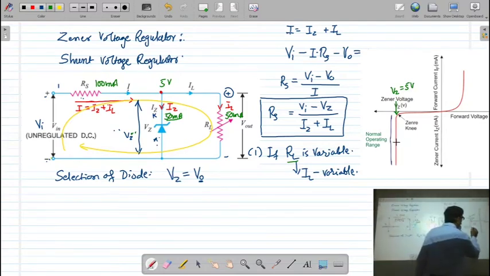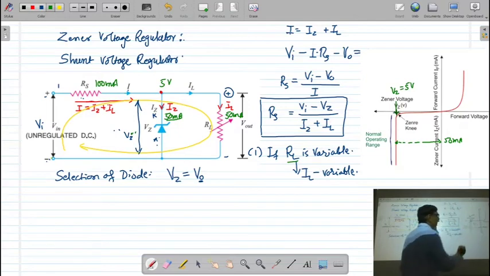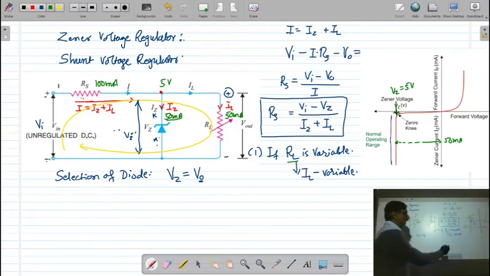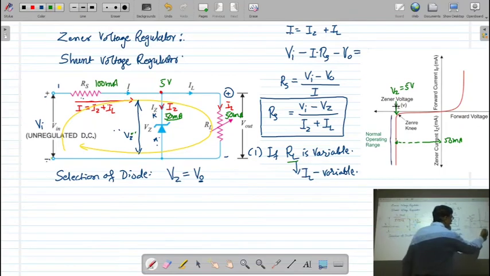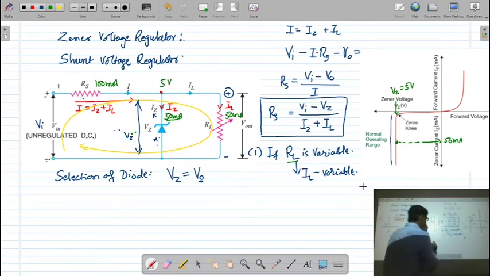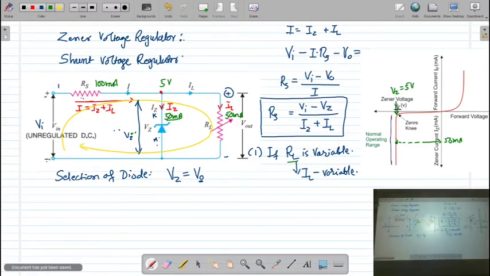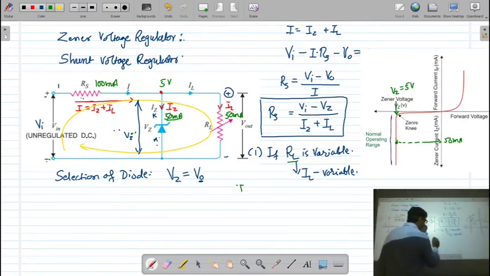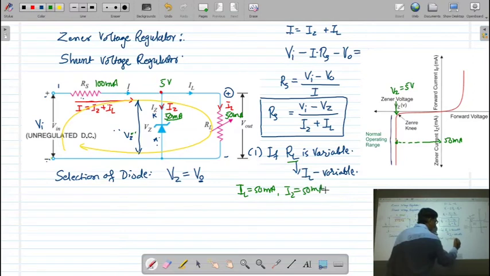So on the characteristic, somewhere here we have 50 milliampere. At that time, the voltage across the Zener is 5 volt, which means the output voltage is also 5 volts. Here I will write: when the load current IL is 50 milliampere, Iz is also 50 milliampere, and the output voltage is 5 volt.